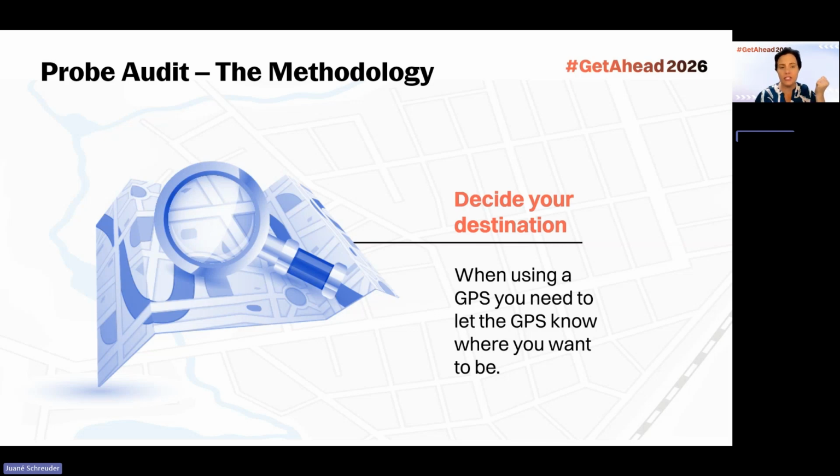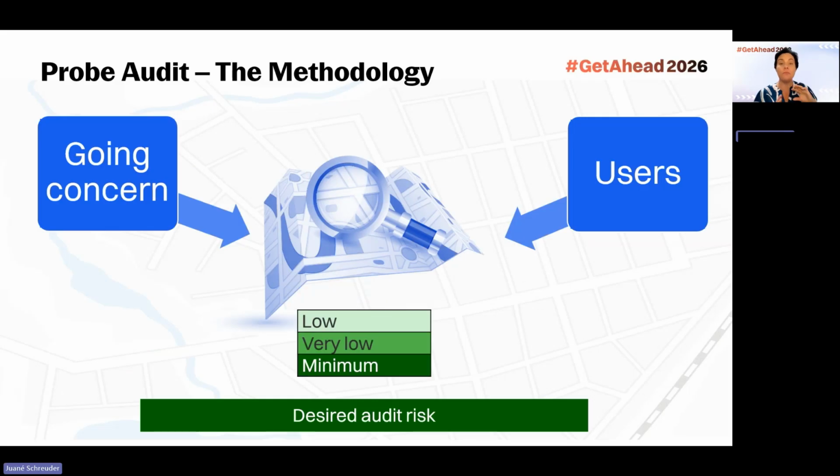Now, what is our destination? Our destination in the probe audit methodology is what we refer to as the desired audit risk. Some people talk about the DAR. So the desired audit risk is to say that, in terms of the auditing standards, we need to get to an acceptably low audit risk to be able to sign off the audit.